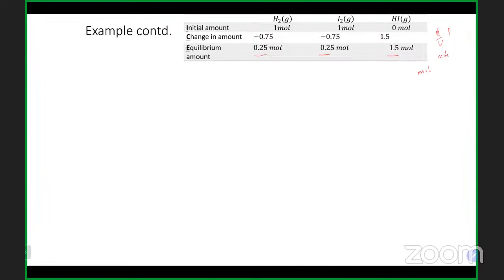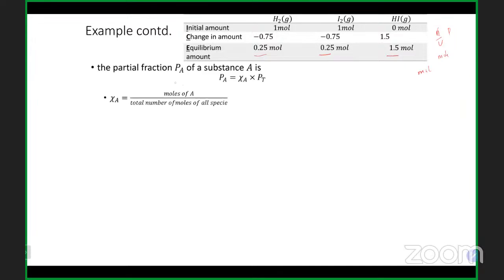So since we are working in moles, the partial pressure of a substance A is given by the mole fraction times the total pressure. The mole fraction, XA, is defined as the number of moles of A over the total number of moles of species.